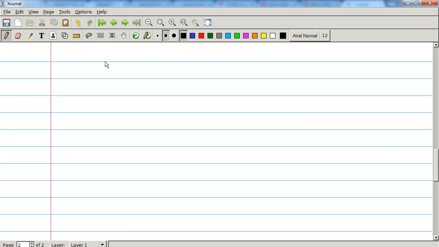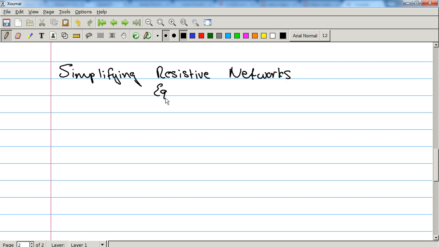But for now, what we're going to deal with is simplifying resistive networks, also known as the equivalent resistance method.